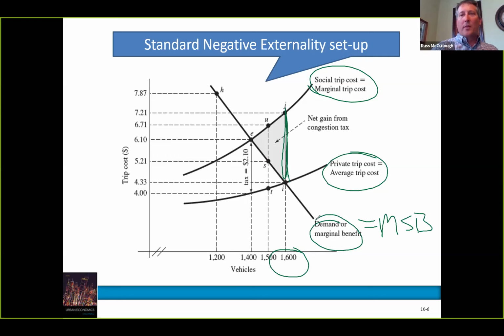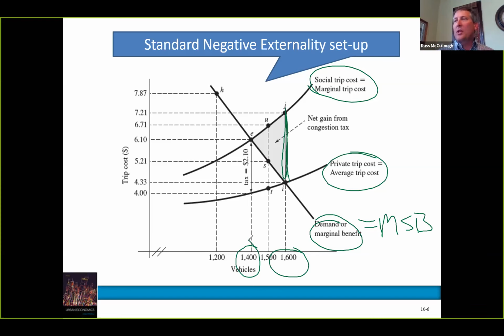And where the social benefit curve and the social cost curve intersect each other is at 1,400 vehicles on the road. That would be society's optimal amount of vehicles on the road after we take into account the externality. So that's just our standard model for an externality.